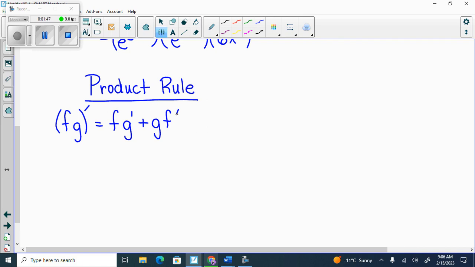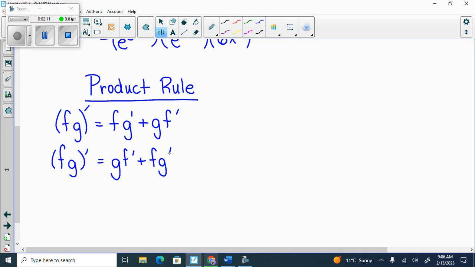How I write it out is I actually switch them because it's commutative and because there's a plus sign in between. I can actually swap these, correct? So I can go g f prime plus f g prime. Now some people will say, well, why do you do that? Because that's the top of the quotient rule. The quotient rule is this with a subtraction sign in between.